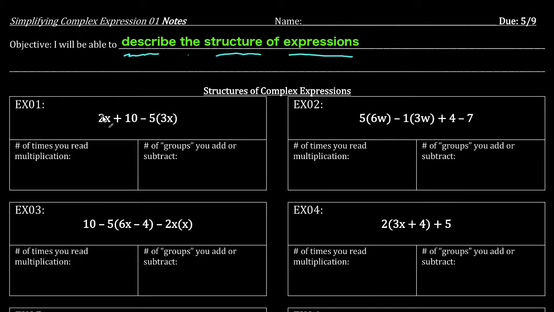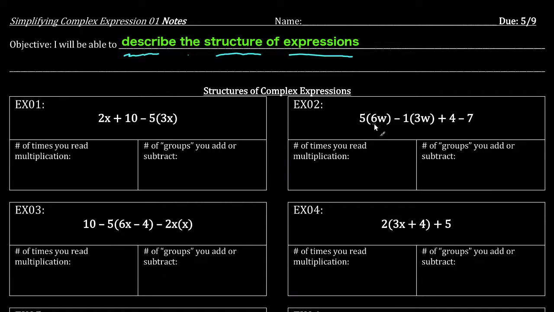There's lots of ways we can read it, but I don't want you to say 2 times x right now. I want you to just think about it as 2x, okay, when it's like this. So it reads 2x plus 10 minus 5 times 3x.